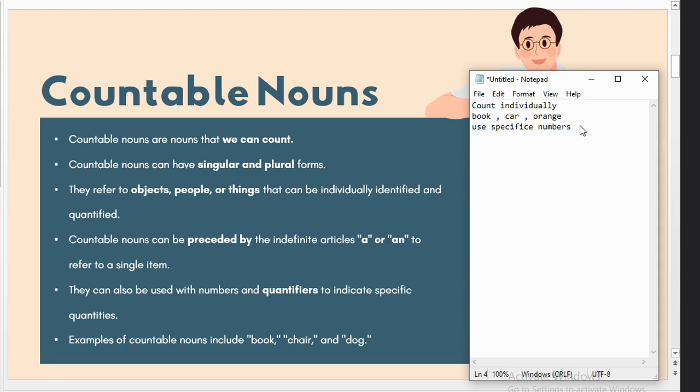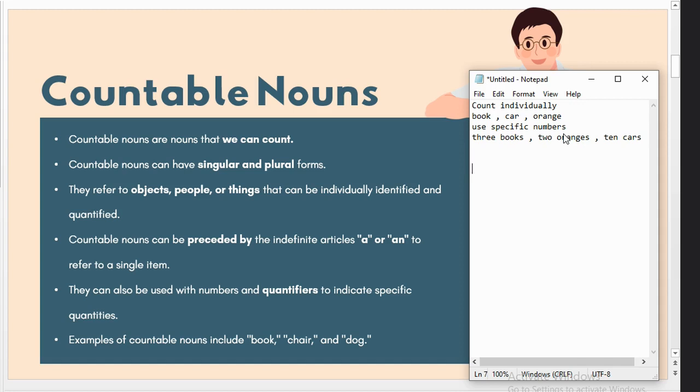Specific numbers, what about specific numbers? I think spelling is wrong. Specific numbers like 3 books, 2 oranges, 10 cars.